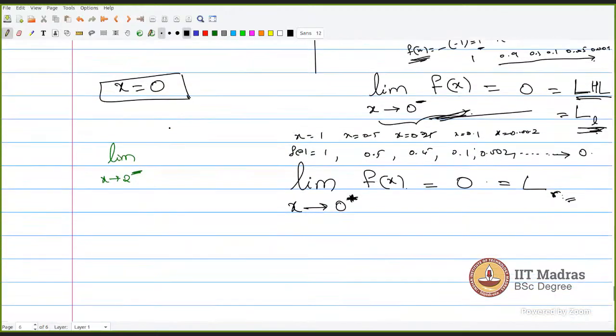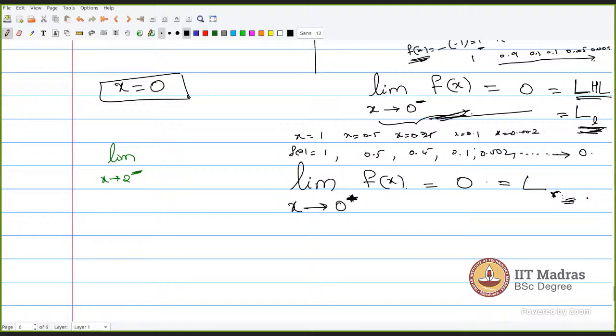Once you get the left hand limit and the right hand limit, both should exist first. If either of the limits does not exist, then I will conclude that the limit of that function at that particular value x does not exist. No need to check for the other.